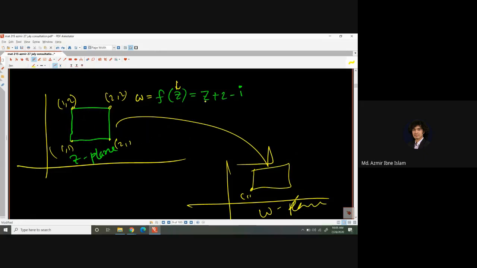The function that we have is f of z equal to z plus 2i, and I have taken the points 1 1, 2 1, 2 2, and 1 2.